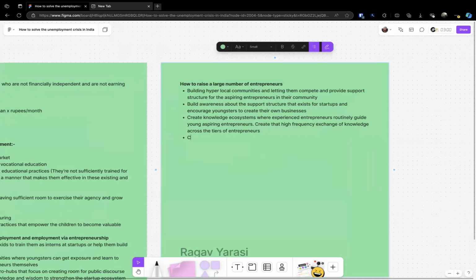I think we also have to create opportunities for physical interactions between various stakeholders and members of different levels of experience in the startup ecosystem. Because a lot of the times online interactions can only do so much.